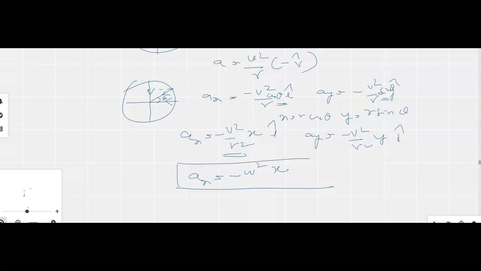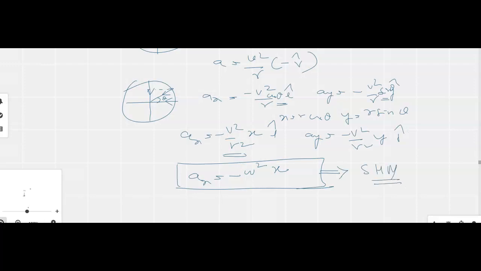This is the acceleration in the x direction, and we see that omega is nothing but v by r. So if there is an acceleration which is proportional to x and directed opposite, then any motion which obeys this equation is called simple harmonic motion.